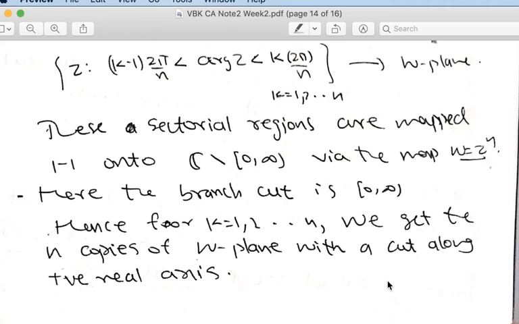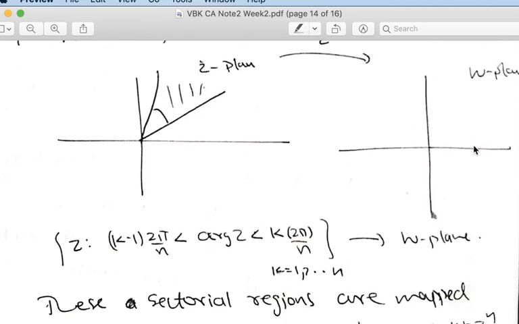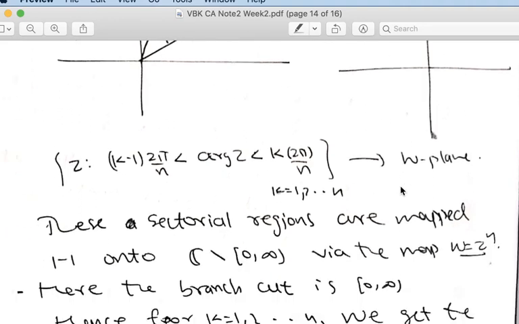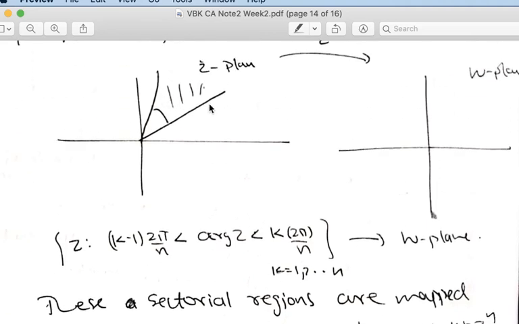Now if you look at the inverse of this map, it has a branch on the w plane except the positive real axis, and the image will be this sectorial region. Now this can be done for any branch point. So the whole complex plane you can divide into such sectorial regions.